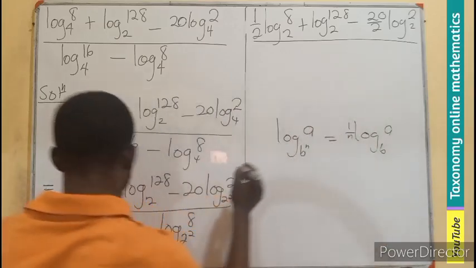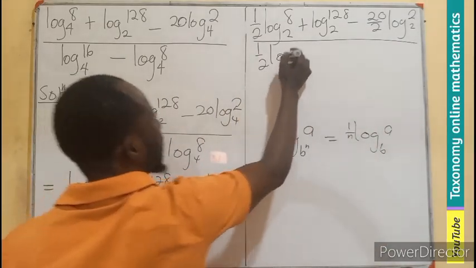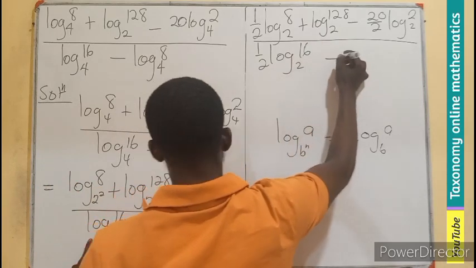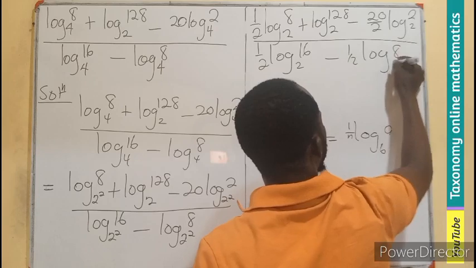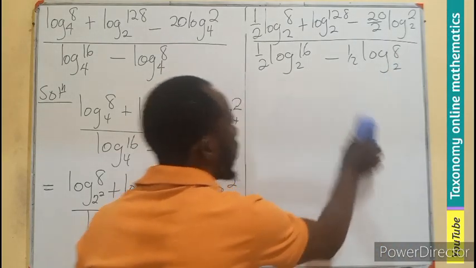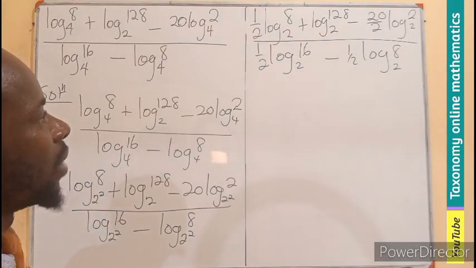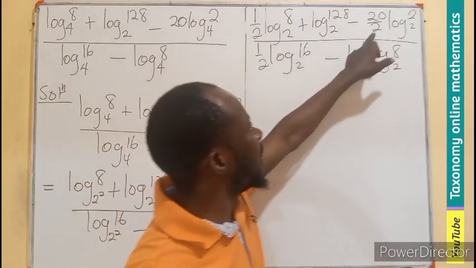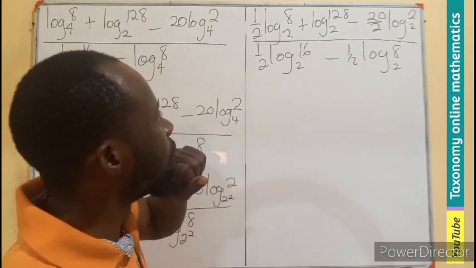Then all this will still be divided by half log 16 base 2 minus half log 8 base 2, right? Okay, so now that we are done with that, what do you think we can do again? Right here is going to be 10, meaning 20 divided by 2 will be 10.